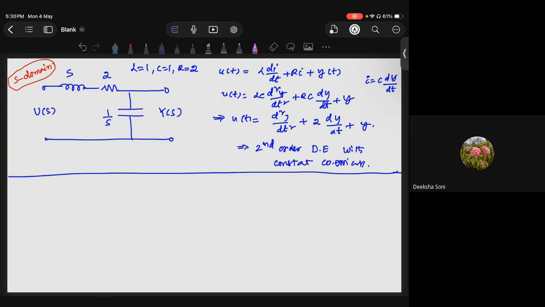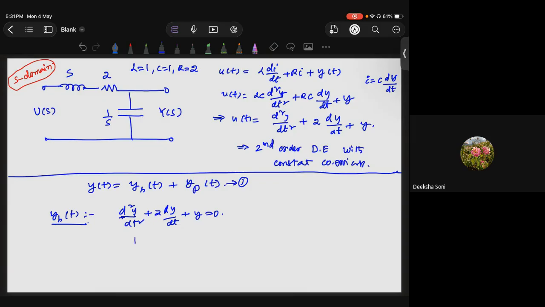Generally the solution would be y of t equal to yh of t plus yp of t. Am I correct? Yes, sir. Here yh of t is the solution of d square y by dt square plus 2 dy by dt plus y equal to 0, the homogeneous part.